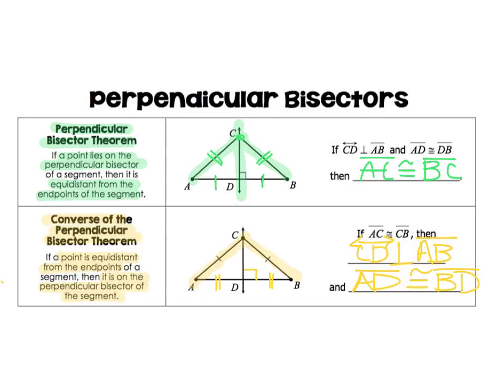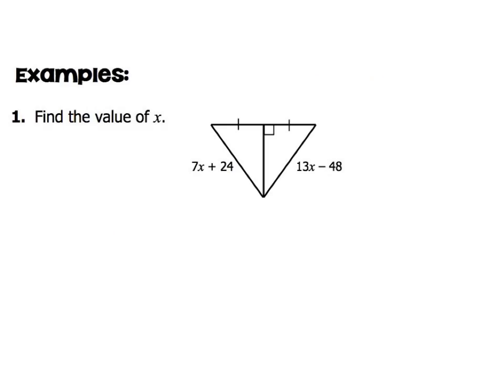Let's keep going. All right, so now we're going to use the perpendicular bisector theorem and its converse to help us solve some problems. So first of all, we know that this line is a perpendicular bisector because it forms a 90-degree angle and it cuts this segment in half. So therefore, the distances from this point on the perpendicular bisector to both endpoints are congruent.